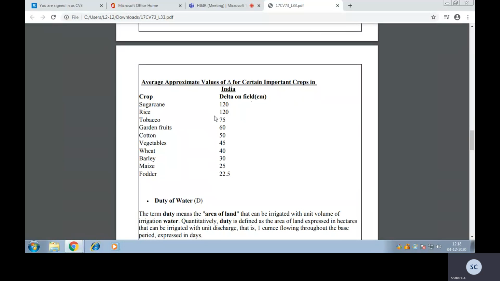And usually it varies from crop to crop, and of course from soil to soil. So on average, whatever the type of soil and weather condition, sugarcane is almost 20 centimeters. Similarly rice. These are the highest in this table, and also the fodder is 22.5.